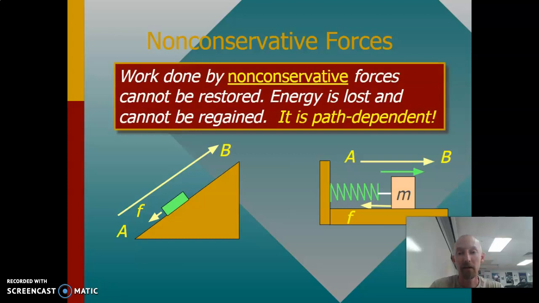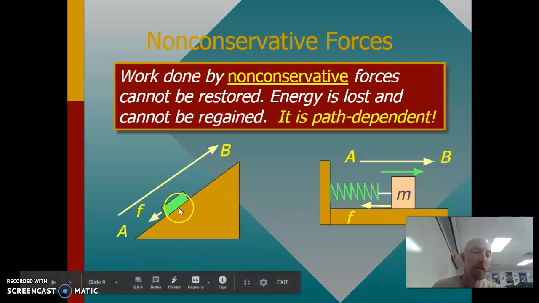All right, non-conservative forces. This is where there is no energy conservation. The pathway depends. The best example of a non-conservative force I can think of is friction, because friction acts against the intended motion.